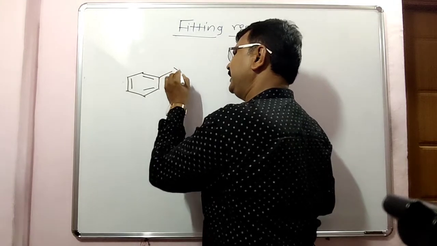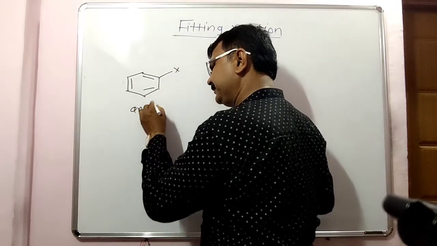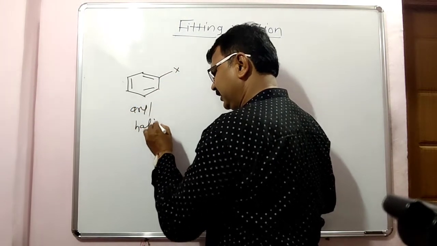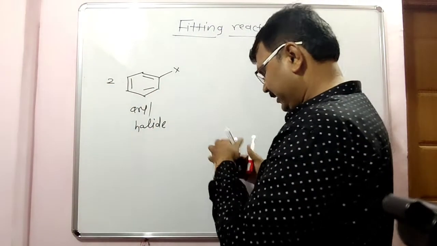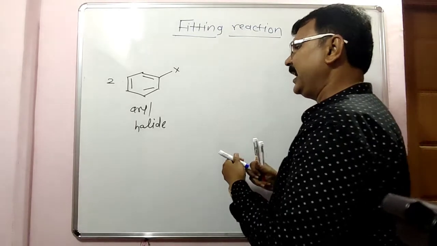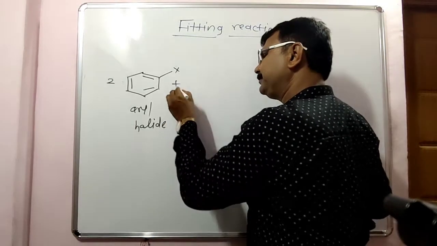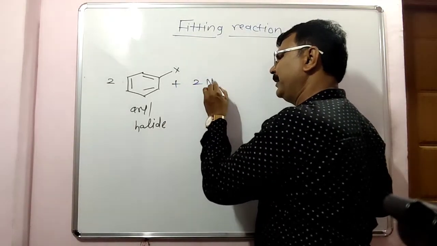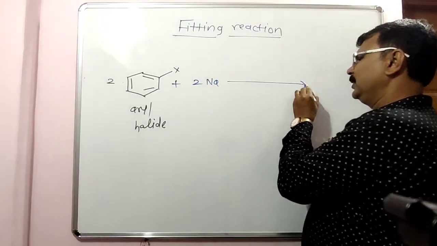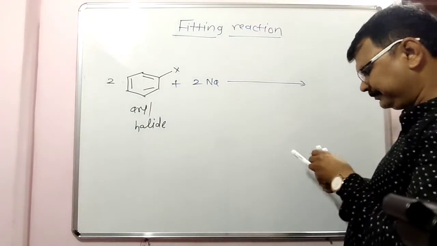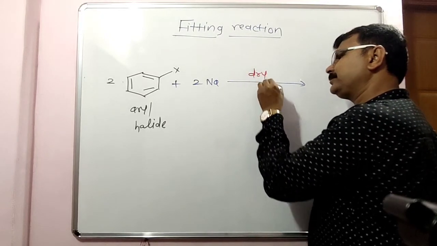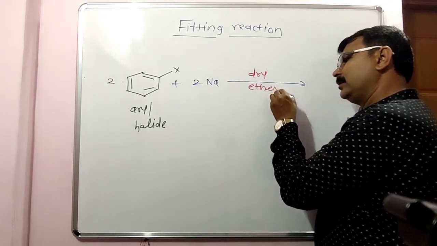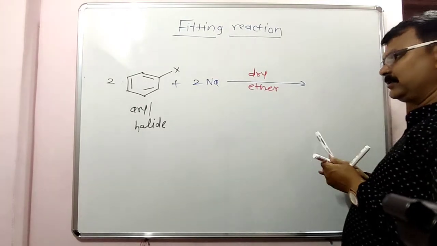Look here, what is this? This is the aryl halide. How many? Twice. The reaction is with sodium metal, in the presence of dry ether.